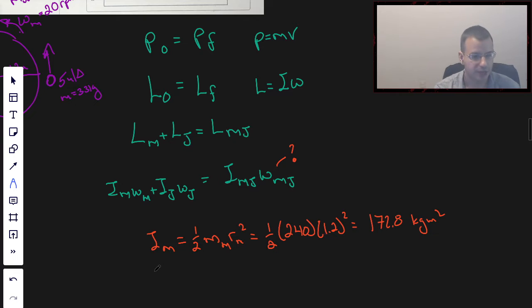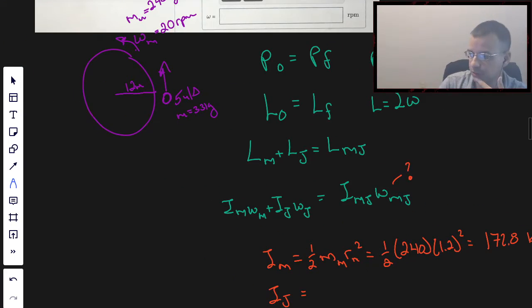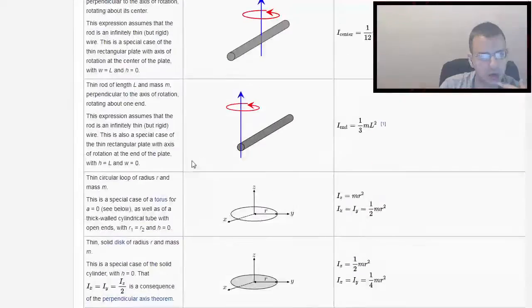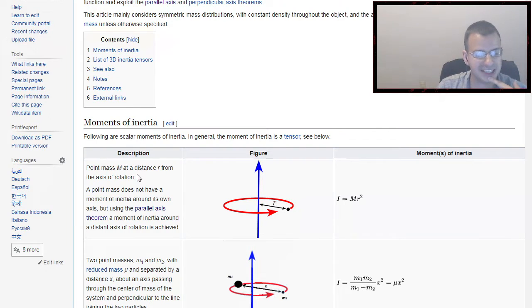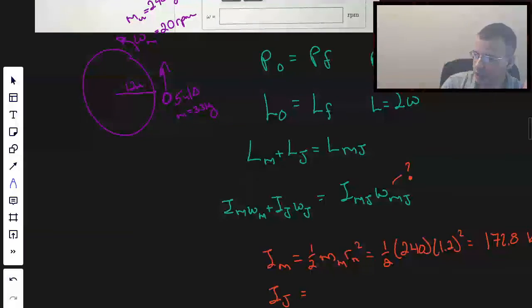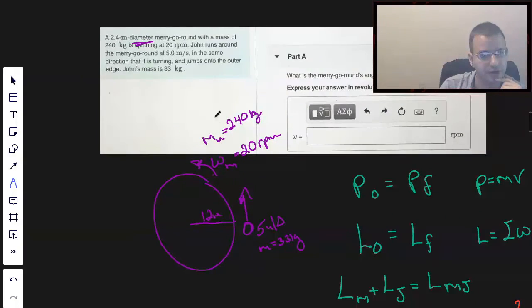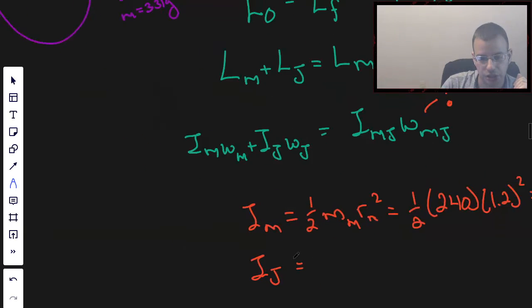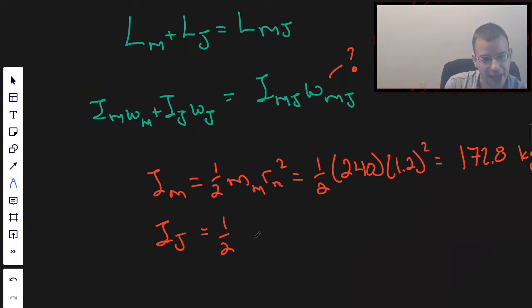Now I'm going to find the moment of inertia of John. He's going to be similar to a particle moving, so back to our chart: a point mass m at a distance r from the axis of rotation. He's just at the outside of the merry-go-round. John runs around and jumps on the outer edge, so this is going to be 1/2 mass of John r squared.